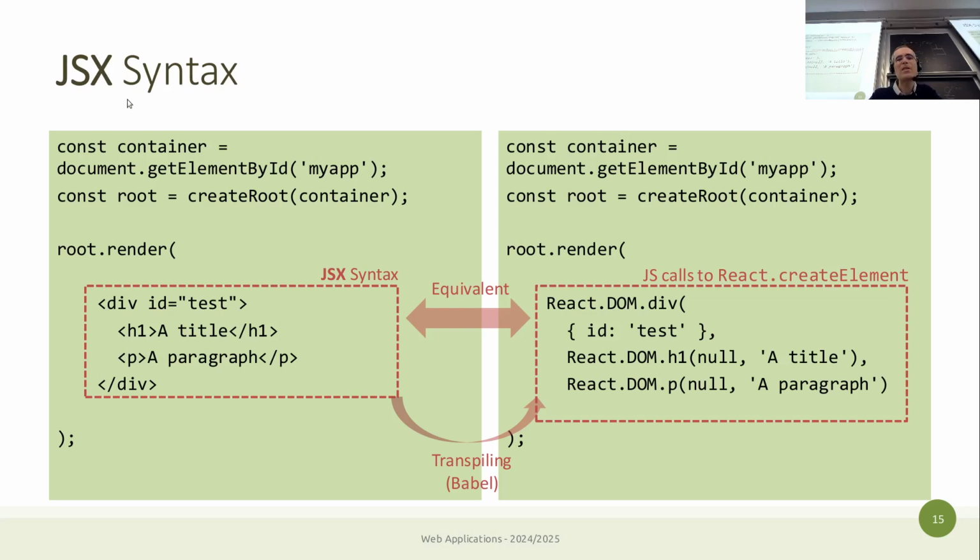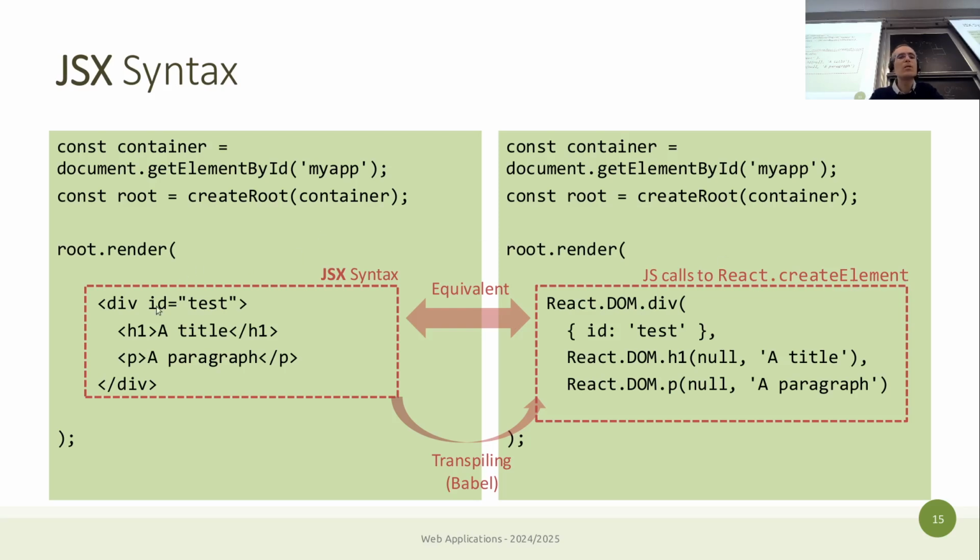That means X means XML, so it's connected to HTML, okay? And you can write stuff like this, and there will be a transpiler, so basically a translator that will translate the HTML-like code into something that is actually JavaScript calls using the React methods provided by the React library.